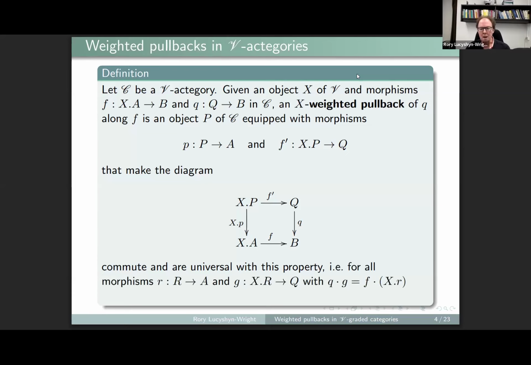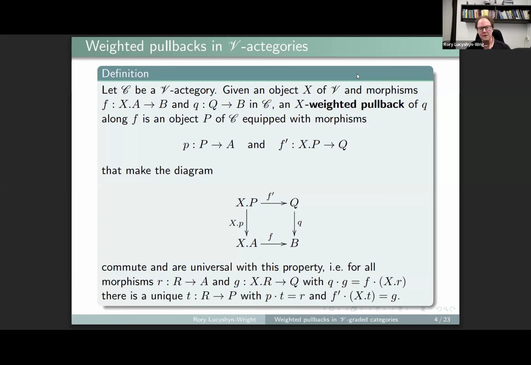So what does that mean? I.e., for all morphisms little r from an object R down to A, so any object over A, and any G from x dot R to Q, with the equation holding here, we could write that again as such a commutative diagram. We require a unique induced morphism.